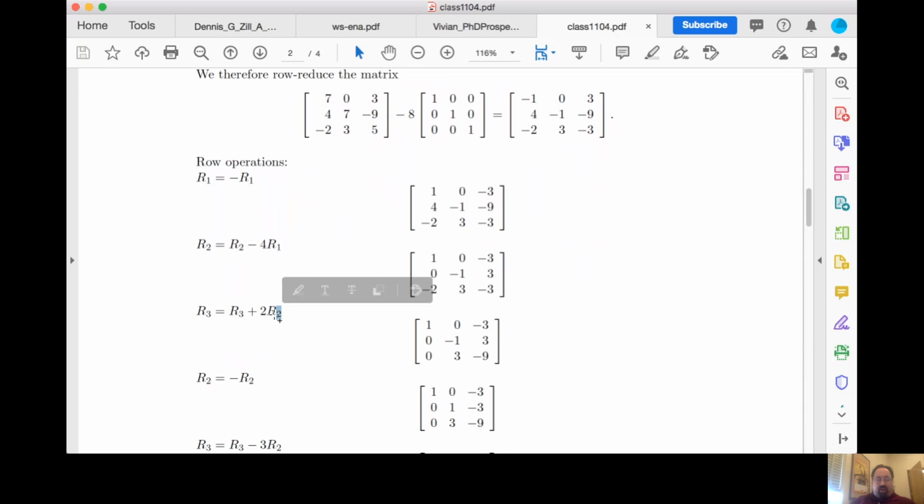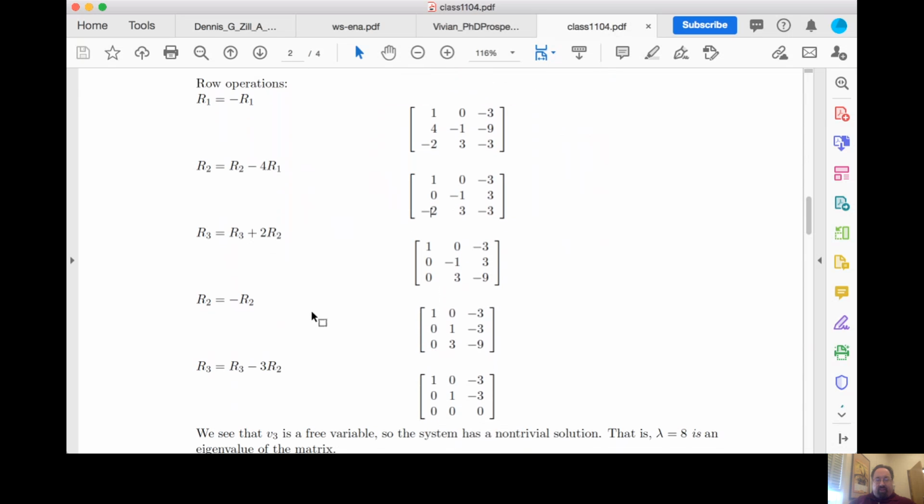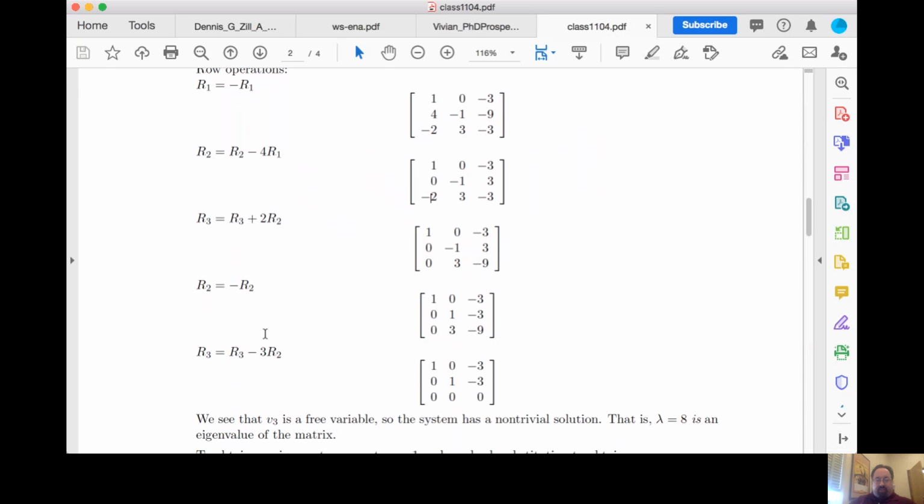That should be R1. I will fix that when I post these notes in Canvas. So row 3 is equal to itself plus twice row 1 to eliminate the minus 2 down here. And then I negate the second row, just to have a 1 here, again for convenience. And then I subtract 3 times row 2 from row 3 to eliminate this entry. And we see that the third row is all zeros.